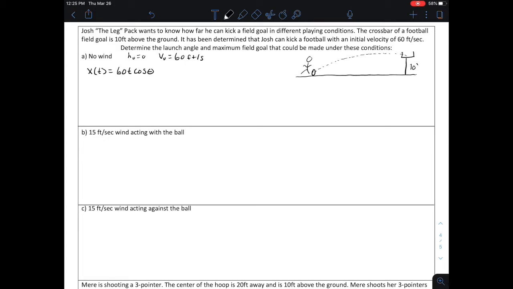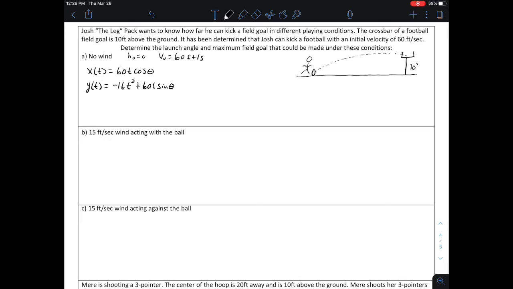And my y parameter can be defined as y of t is equal to negative 16t squared, because we converted this and we rounded it so that it'd be in feet per second. That's where the negative 16 comes from. Plus initial velocity times t sine of theta, plus the initial height. Well, the initial height's 0, so I'm not going to write plus 0 on the end there.